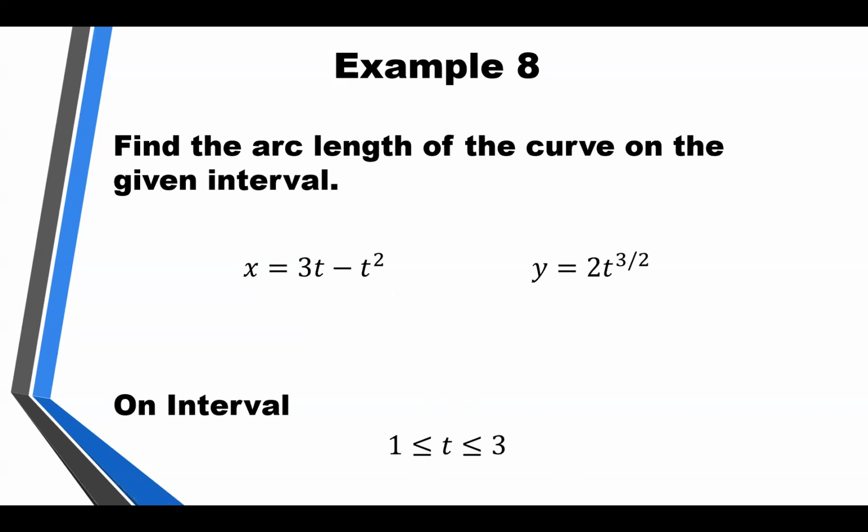Let's do an example of this. We want to find the arc length of a curve on a given interval. Our curve is given by the parametric equations x equals 3t minus t squared and y equals 2t to the 3/2 power. We want to find the arc length on the interval where t is between 1 and 3.